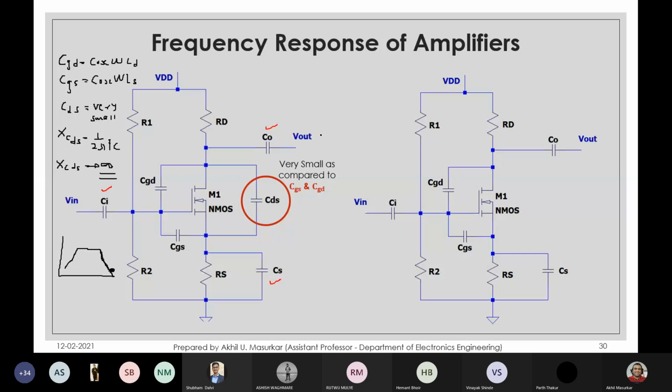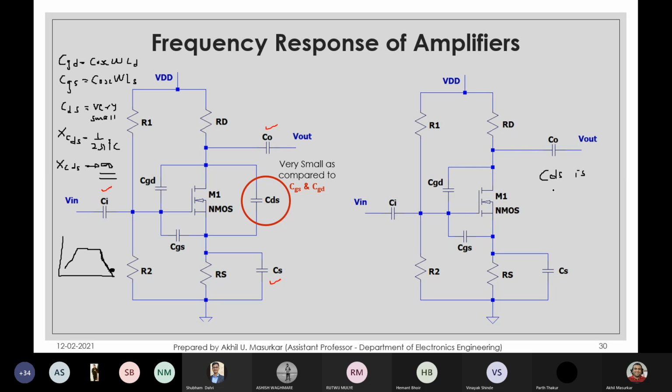I will wait here for 2 to 3 minutes so that you can copy both the circuits. Here you can see CGD and CGS.